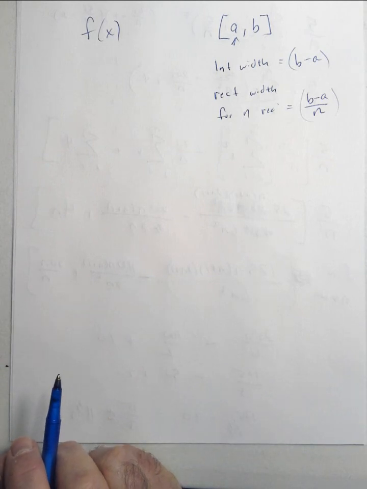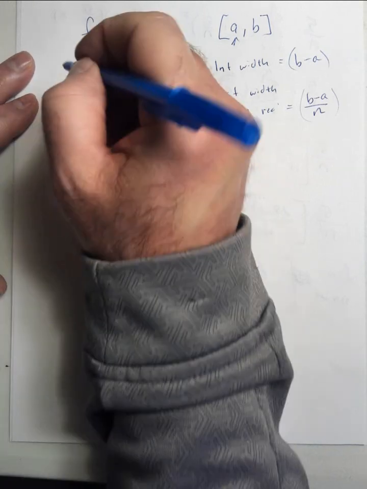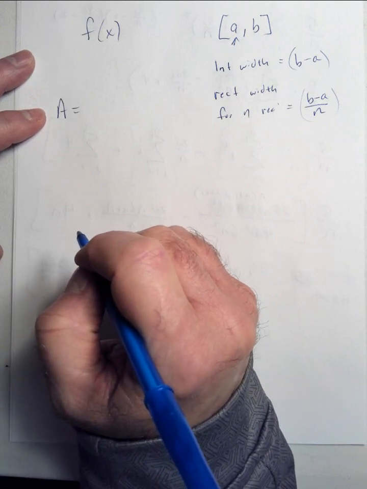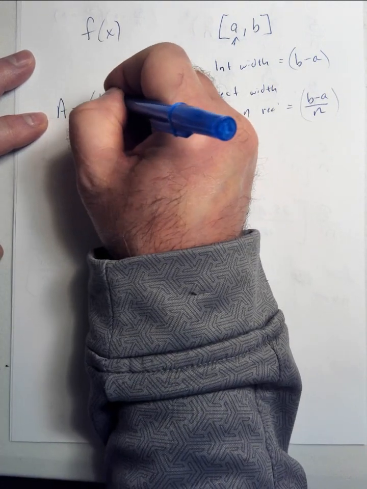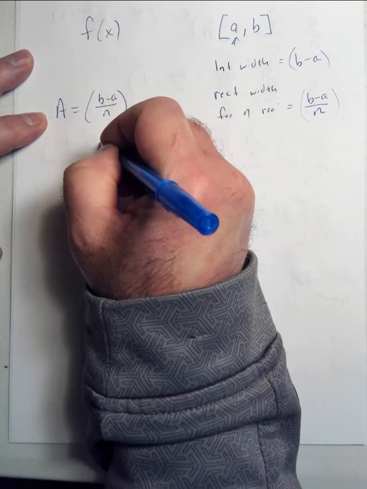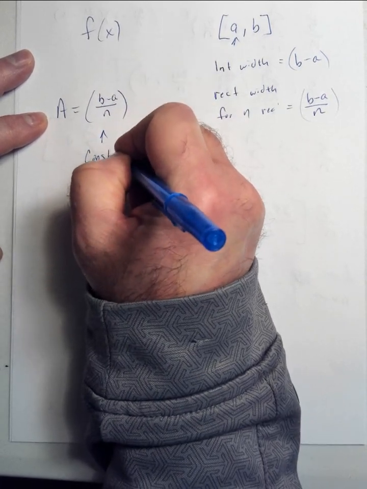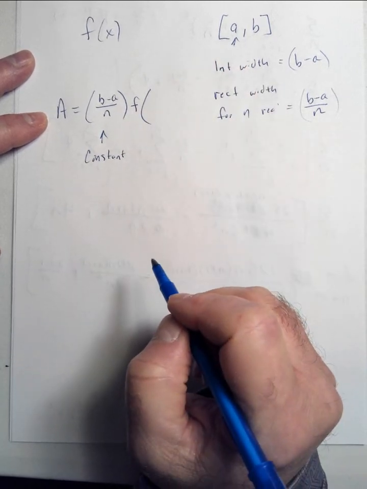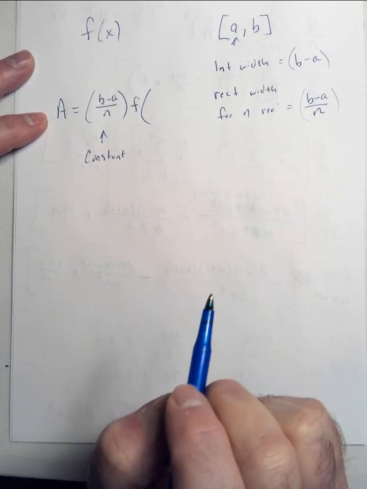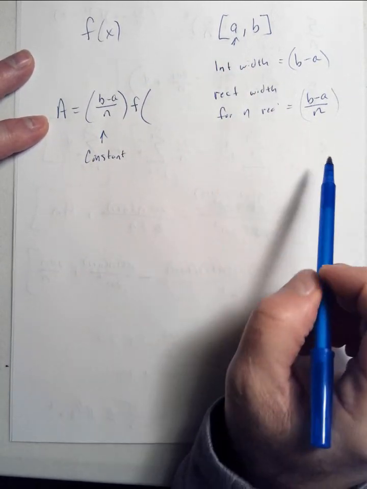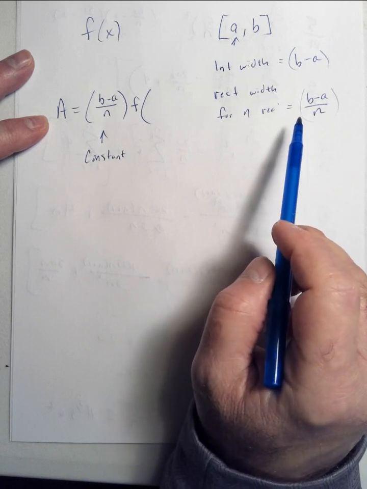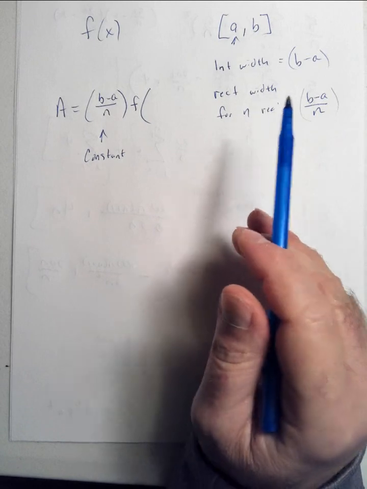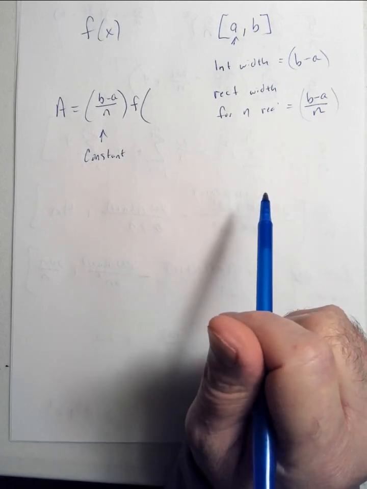So when we start talking about the area, I take my rectangle width, which is b minus a over n, which remember is a constant, and I multiply it to my heights, which to get the height or the y value, I need to plug in my right endpoint of each rectangle into the function to get the y value or the height of that particular rectangle.